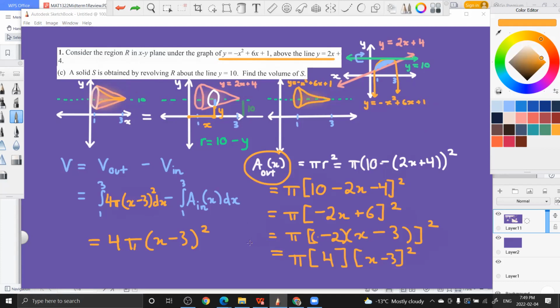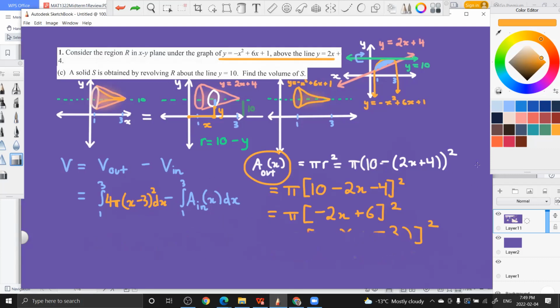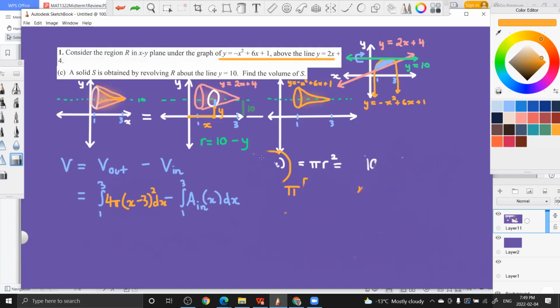So we found the area of the outer function. It is 4 pi times (x minus 3) to the power of 2. Now we're going to find the area of the inner function. Let me clean up some space. Let's use white this time, so it's better to see.